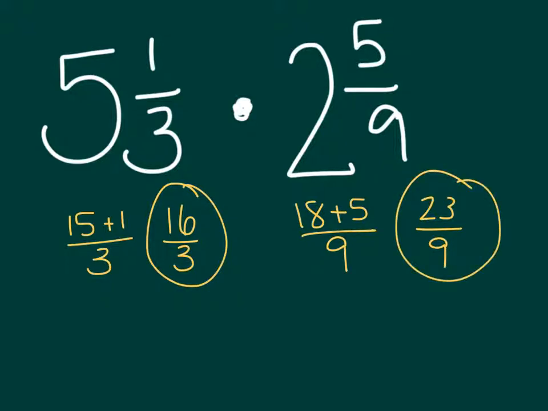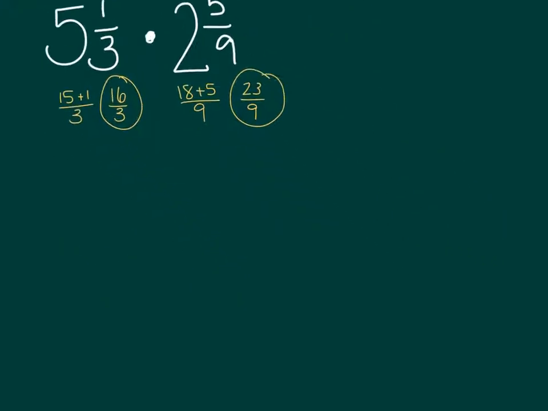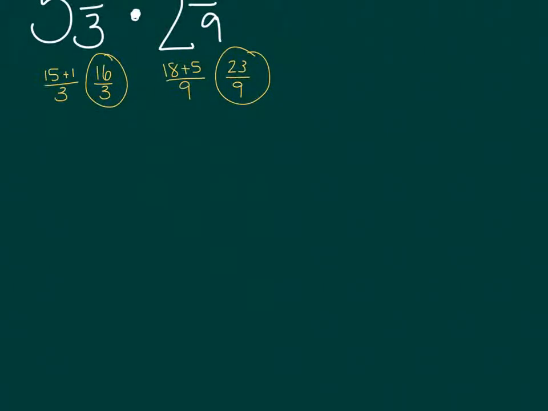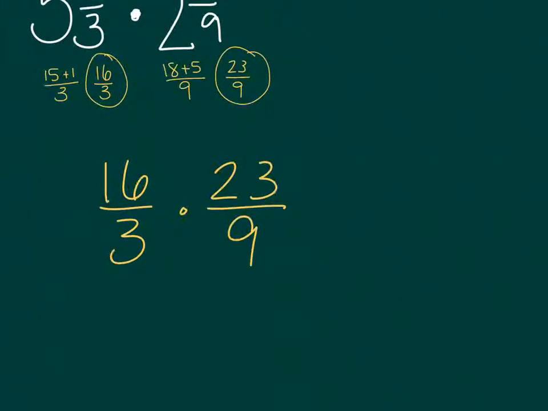So now my problem becomes just with those improper fractions: 16/3 multiplied by 23 over 9. And I don't really like the looks of 16 times 23, but unfortunately there's no better way for us to go around that. So 16 times 23 is 368, and 3 times 9 is 27.